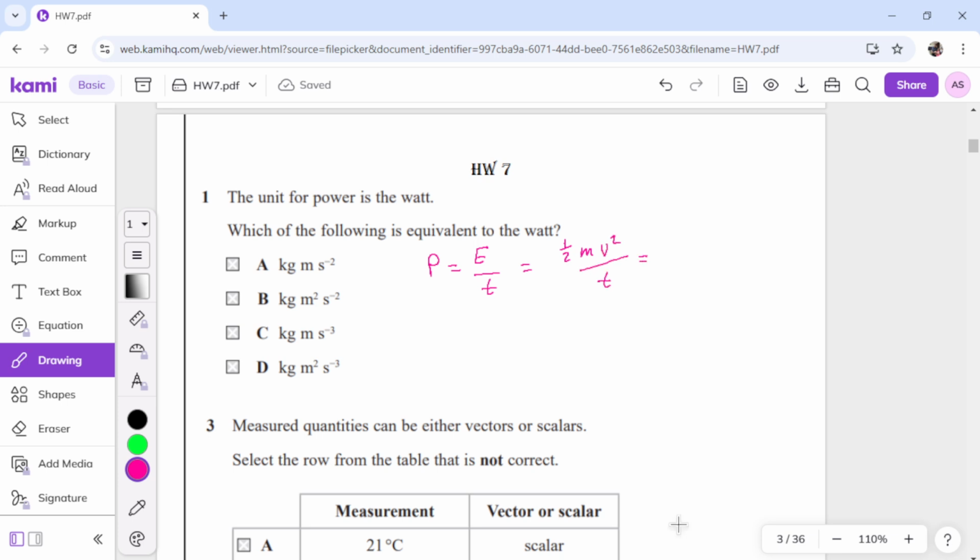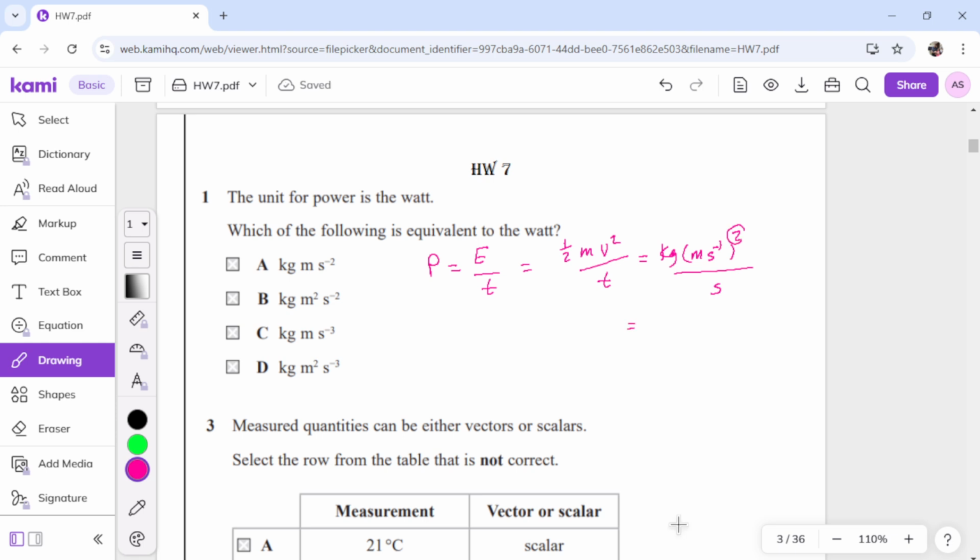Now I will write the units. Mass is kilogram, and speed squared is divided by time, which is second. The unit of velocity or speed is meter per second, so it's meter second minus 1, right? Now I will put the power into brackets.